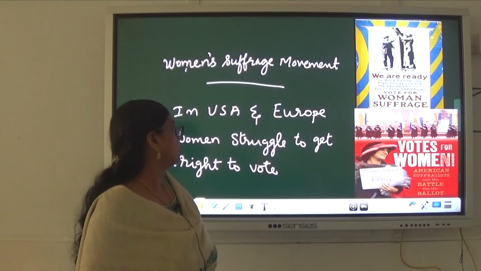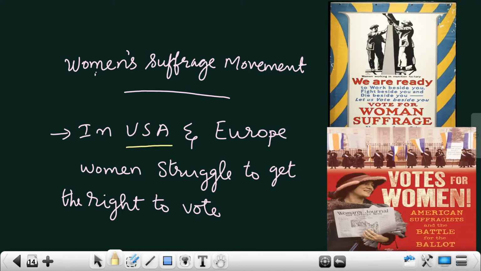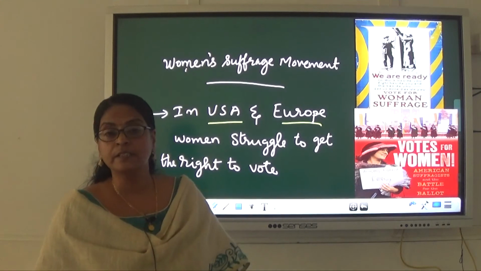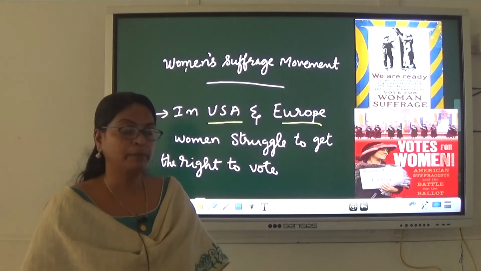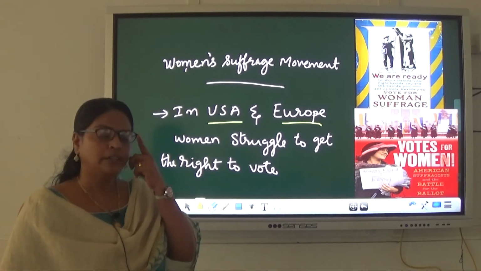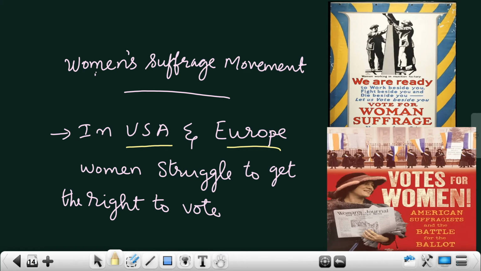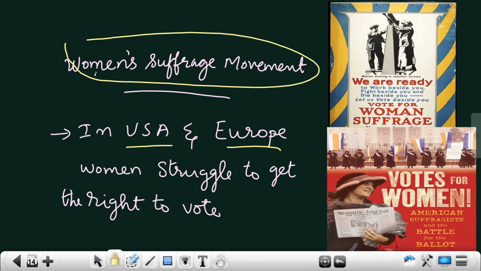Children, in other countries of the world, especially in the USA and Europe, women were struggling for the right to vote. They were not given the right to vote, especially around the time of the First World War. This movement was called the Women's Suffrage movement.